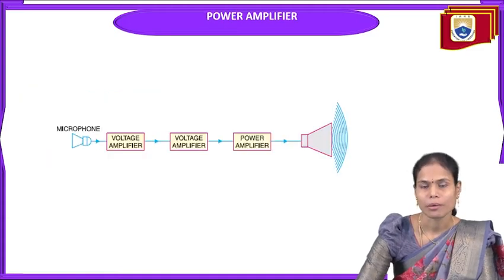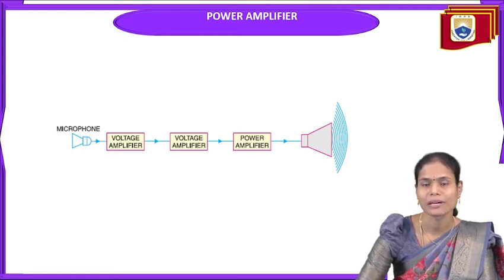While coming to the power amplifier, till now in the previous sessions we have seen single stage amplifiers as well as multi-stage amplifiers. Those are used to provide different voltage levels as well as current levels. But in order to run some practical applications, the voltages and currents provided by the single and multi-stage amplifiers are not sufficient.